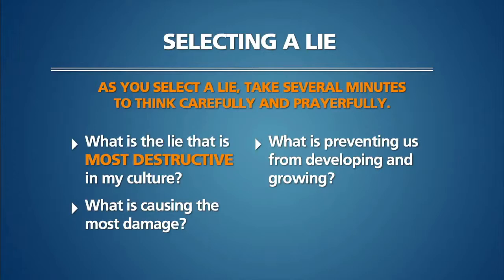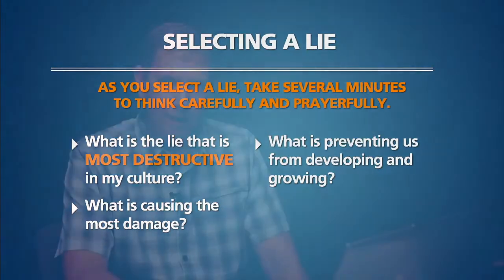So think about that. And once you have an idea, I want you to write it down, because that's what we're going to analyze in the sessions coming up. Write it down. If you're working in a face-to-face group, a cohort that meets together, I want you to brainstorm the lies that you've come up with and select one to work with as a group. Do this now before you go on to the next video segment.